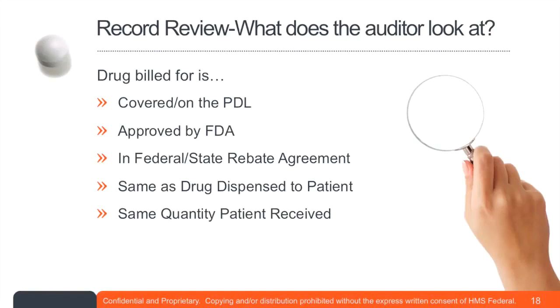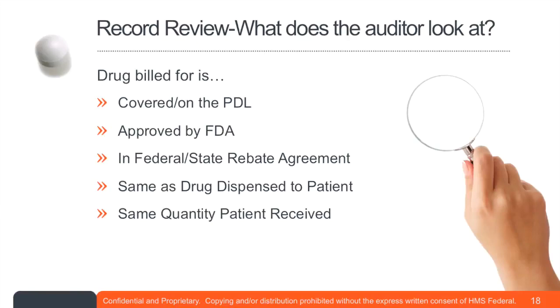And that's also important because Medicaid does DUR, or drug utilization review, according to the NDC that is billed for. So if the pharmacy bills for X NDC, but they actually dispense Y NDC, maybe there's some type of difference in dosing or in strength on those drugs that could affect the DUR that's done on a Medicaid level.